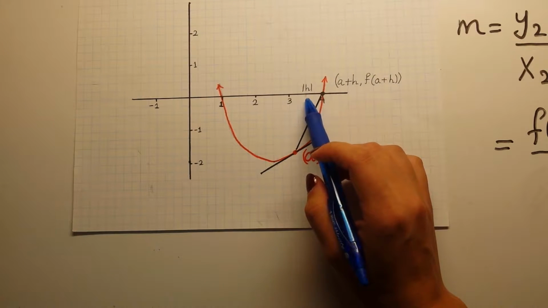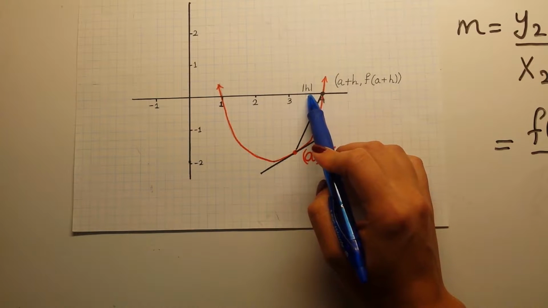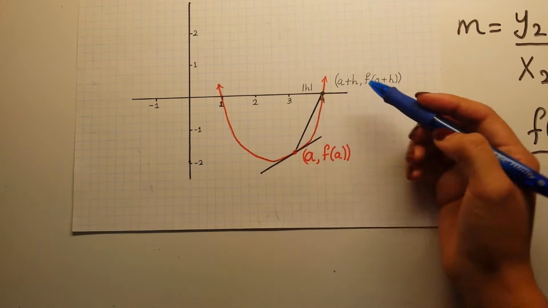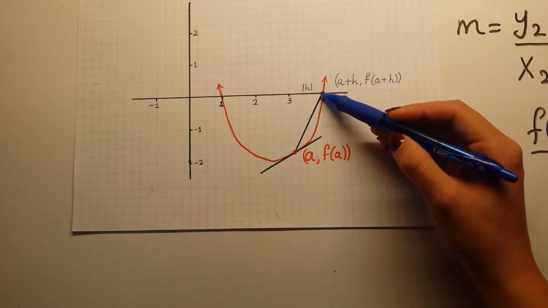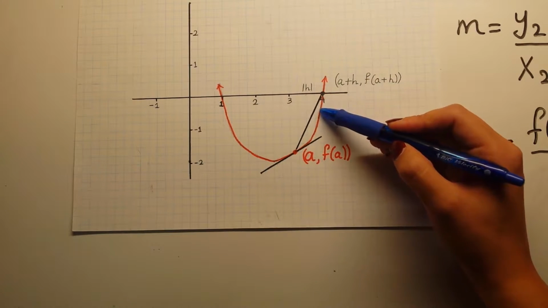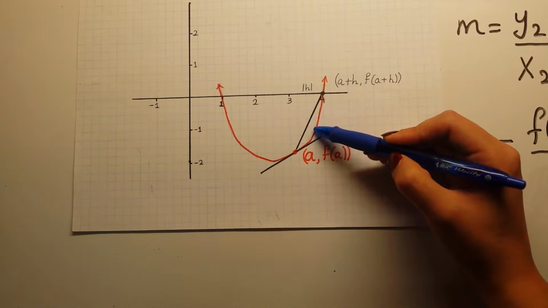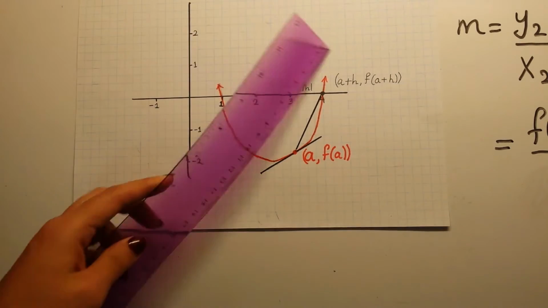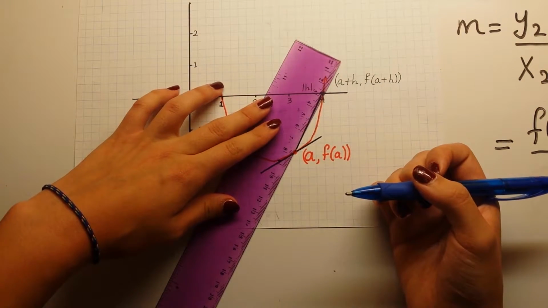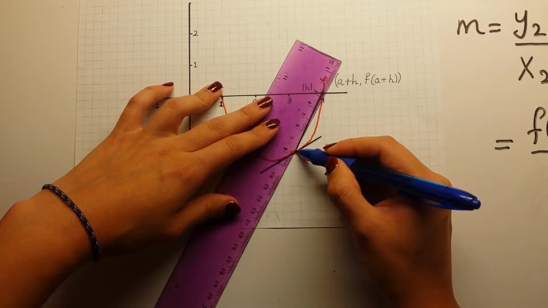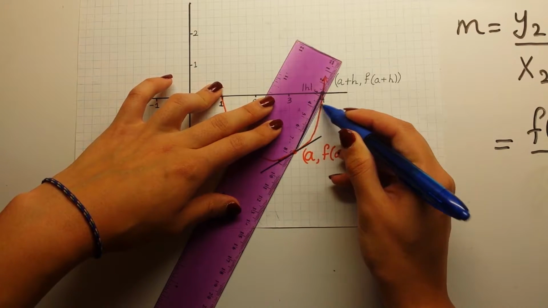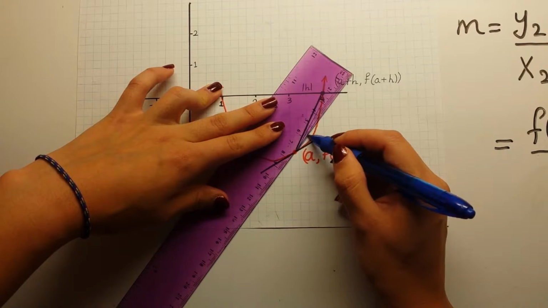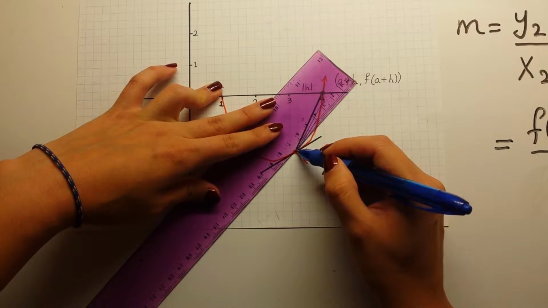So basically the h should approach 0. As the h approaches 0, you can see that this point will slowly approach the tangent line. I can show this by drawing it. So it will slowly approach the tangent line as h approaches 0 but never reaches 0.